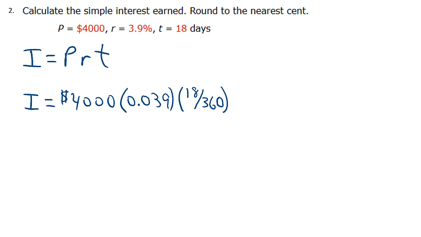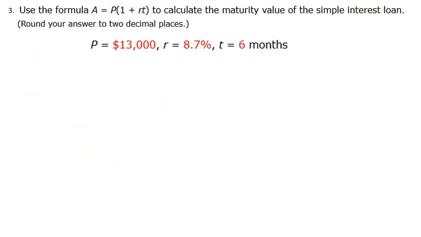If it says exact method, that's when you would use 365. So in any case, 18 days is 18/360 of a year using the ordinary method. And when you multiply that all out, you'll get $7.80. So 18 days later, that $4,000 would have paid $7.80 in interest.